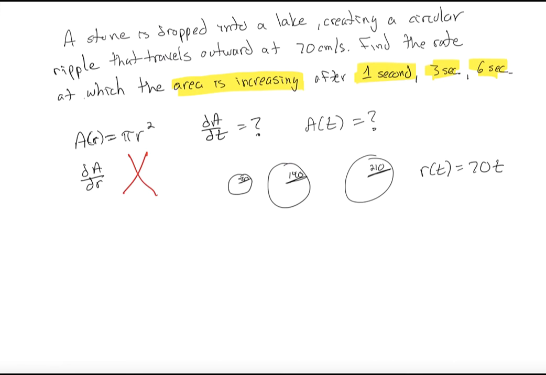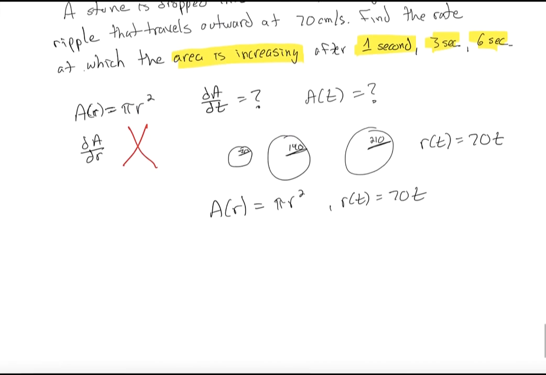So we're able to really do a substitution here. If we have the area as a function of radius being pi r squared, and the radius as a function of time being 70t, then one approach here is to just substitute and do a composition. So my area as a function of time is going to be pi times 70t squared.